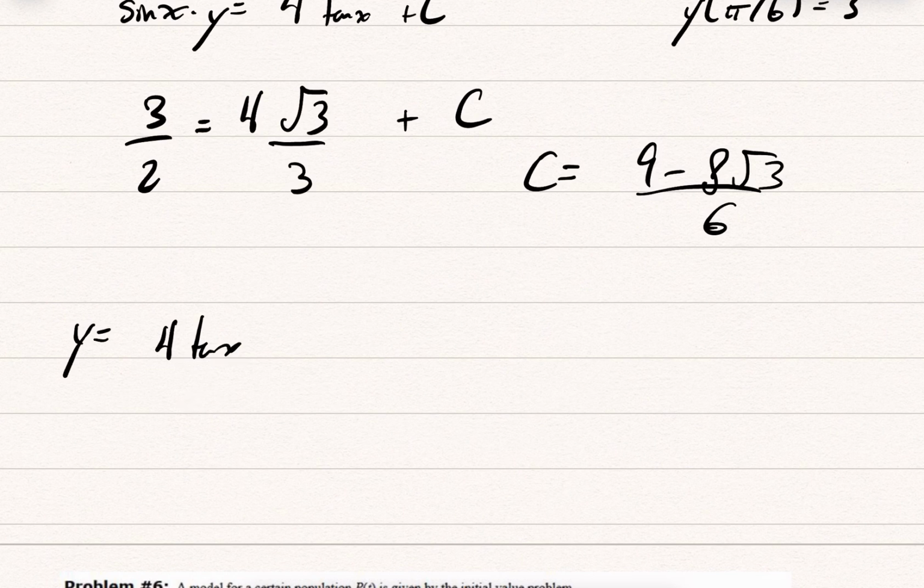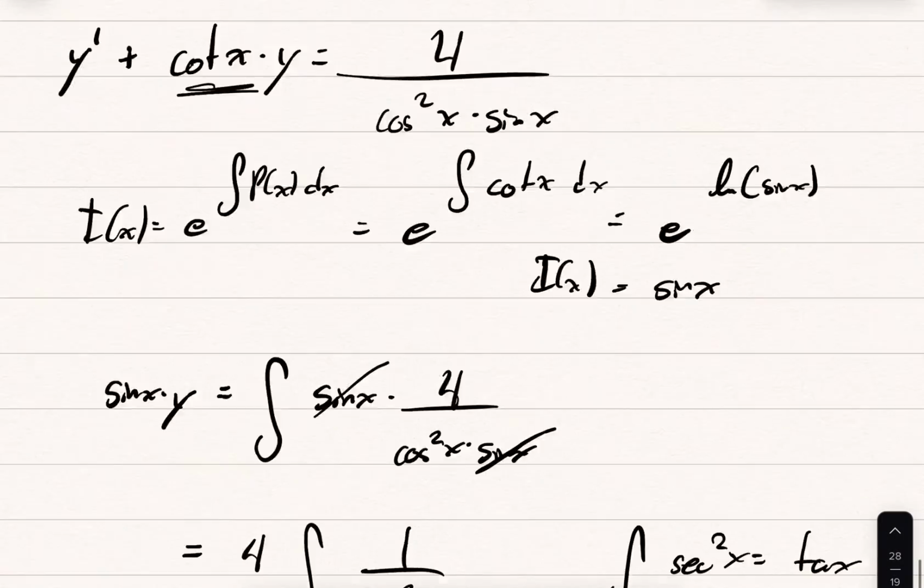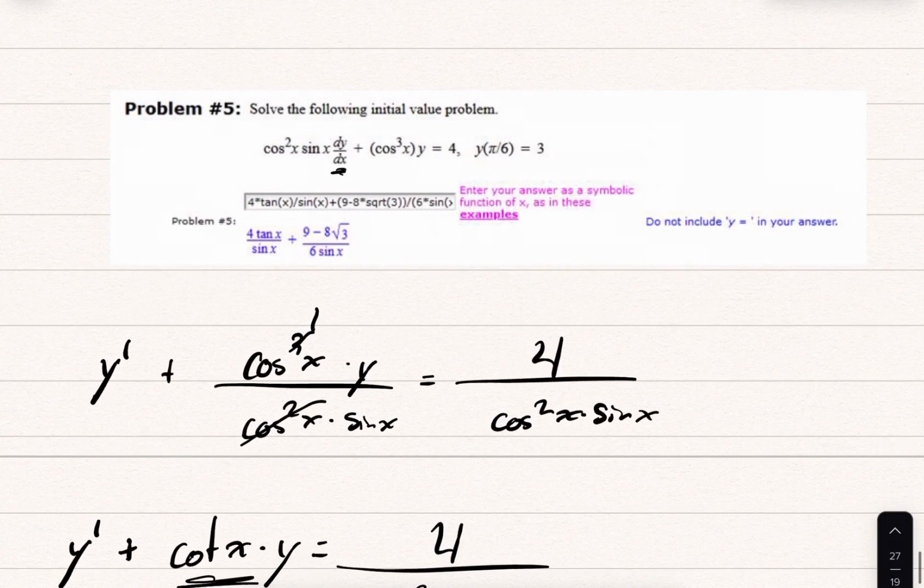Sorry, that's how you know I'm getting tired. Sin x plus 9 minus 8 root 3 over 6 times sin x. And you can see that's what I put in right here. And it's correct. Okay.